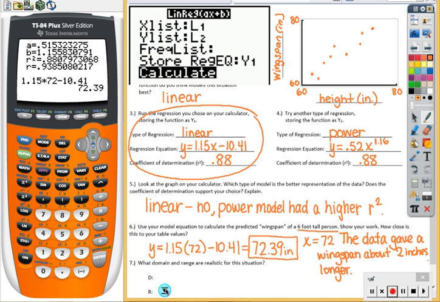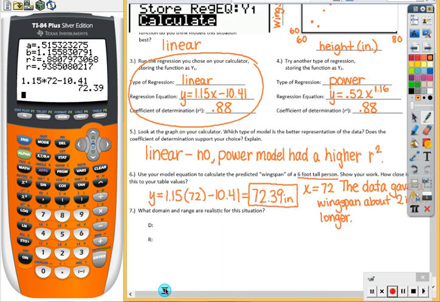What domain and range are realistic for this situation? Because this model might go from negative infinity to infinity, who knows? But what we want to talk about is what domain and range makes sense for heights and for wingspan. So for heights, I'm thinking you'd always be more than 0 inches tall, and maybe always under, I don't know, I don't have the Guinness book with me, but maybe 100 inches.